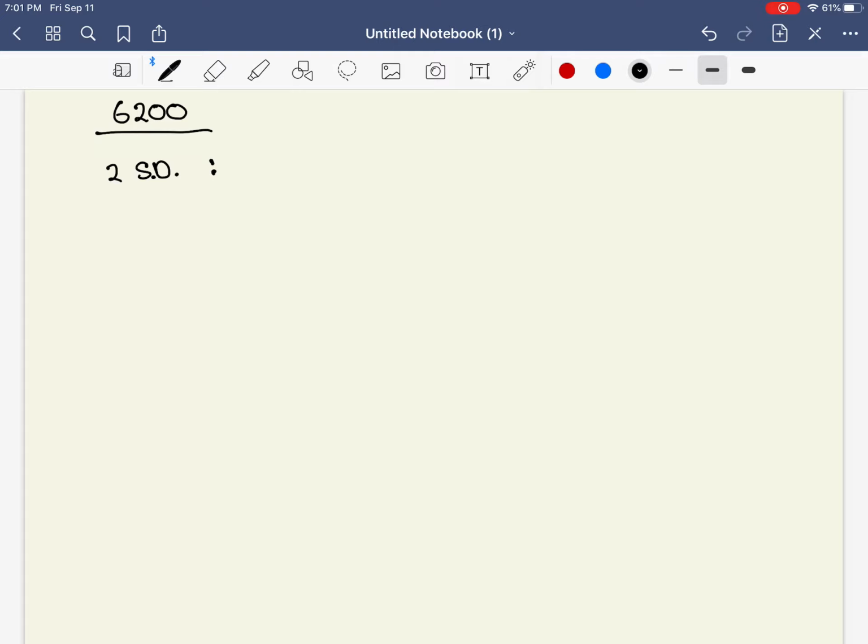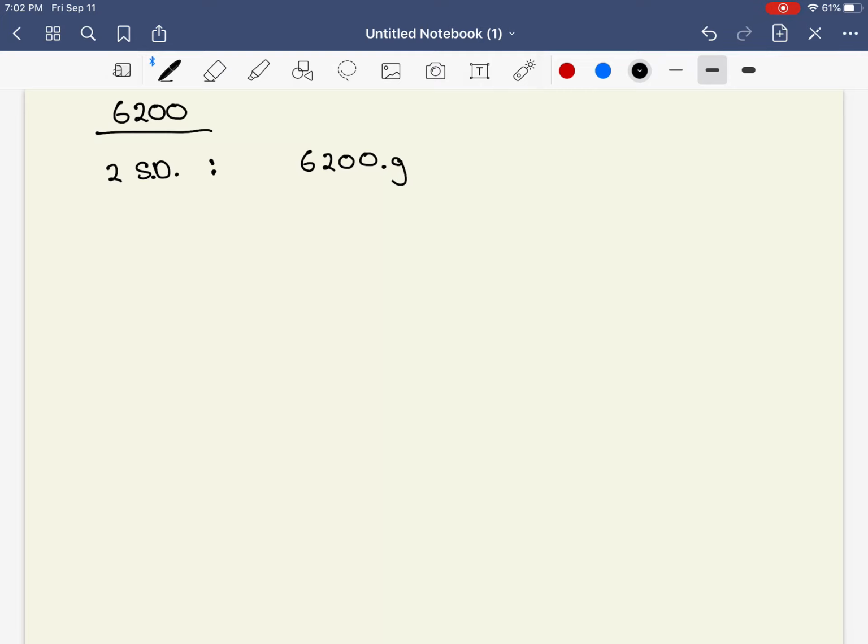What is scientific notation? Scientific notation is based on a number, point, something, times 10 to the power of, depending on how many times you move your decimal point. So you have 6,200 grams.